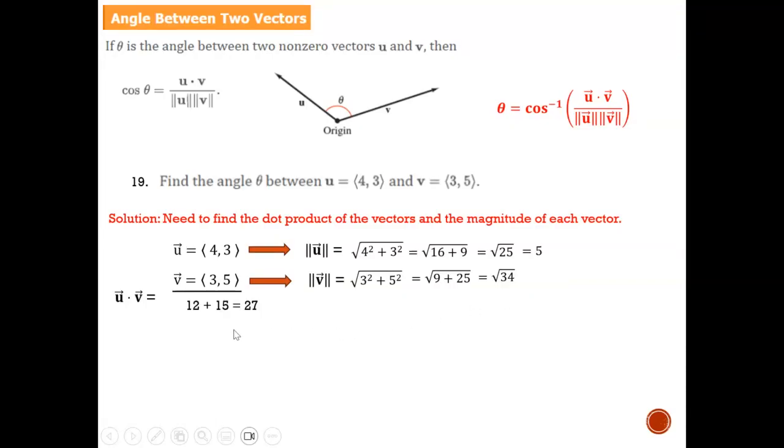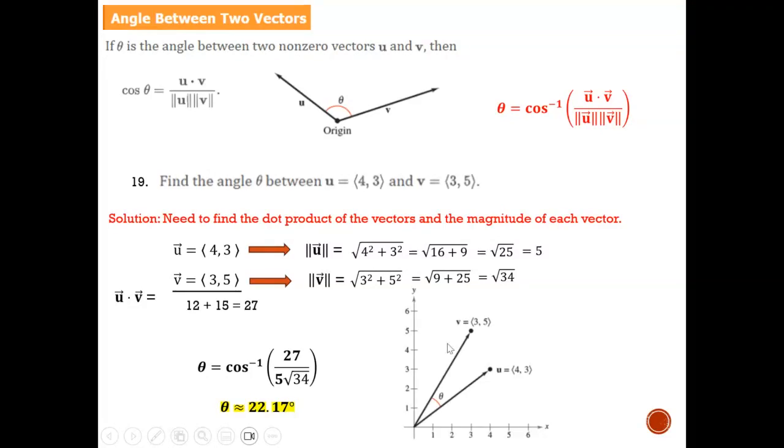Now we plug everything into the formula. That's going to be 27 over 5 square root of 34. And we plug it into the calculator. So we get approximately 22.17 degrees. Right? And here's the vector. So this angle is 22.17 degrees.